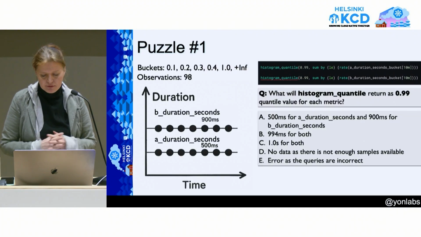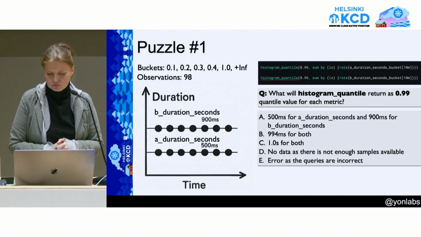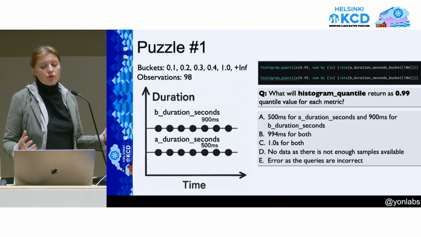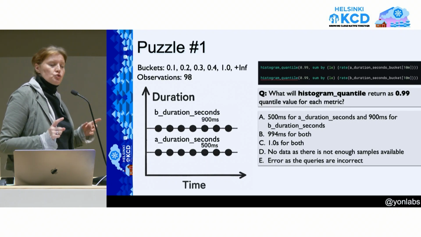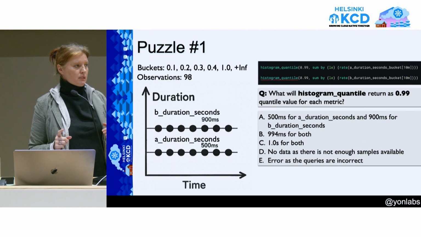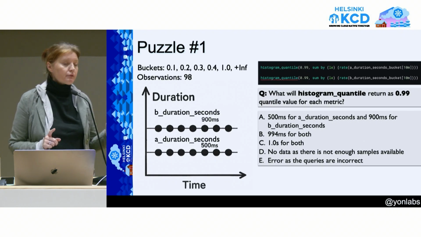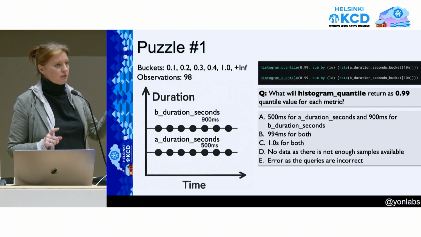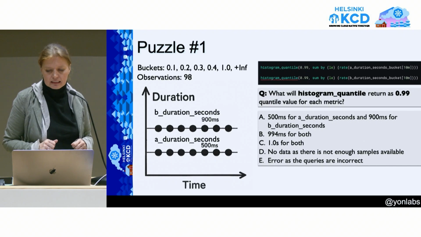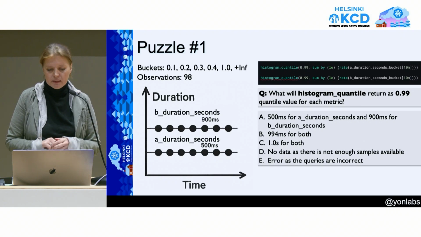I have a couple of answers. So first of all, the actual correct values based on raw data is 500 milliseconds for A duration metric and 900 milliseconds for B duration metric.